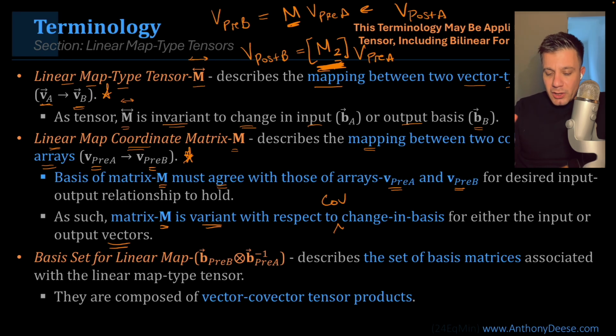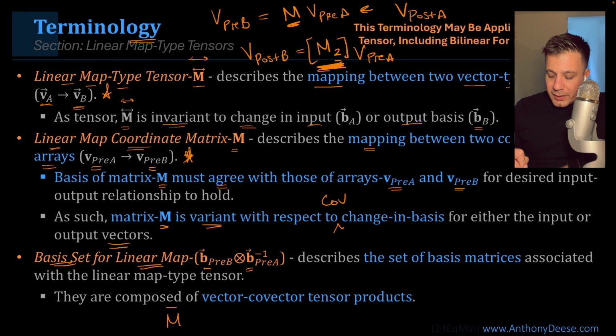And then, since we're talking about terminology still, what is the basis set of a linear map? It's defined as the tensor product of the primal basis set associated with the output times the inverted primal basis set associated with the input. And right, it describes the set of bases associated with the linear map type tensor.